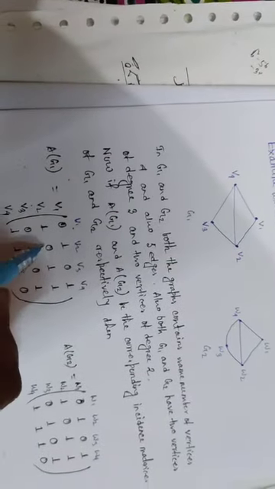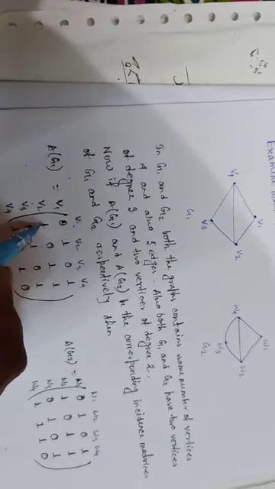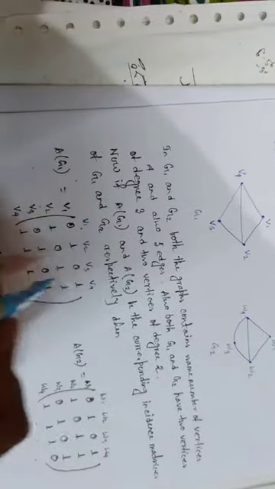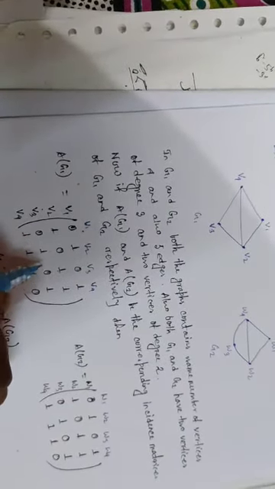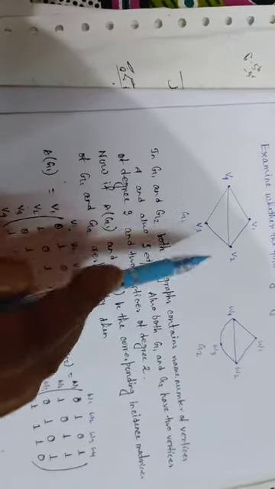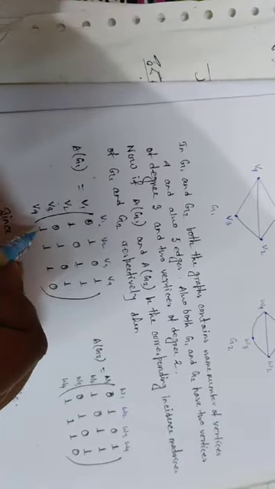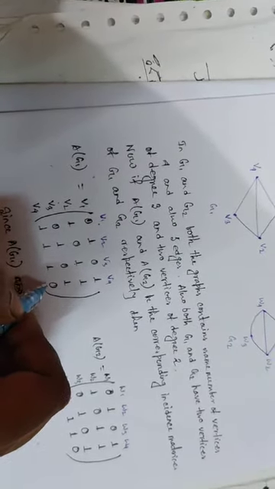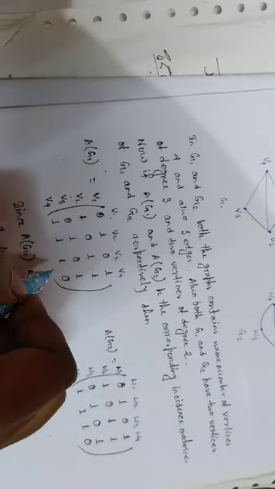So V2 to V2 is 0, V2 to V1 is 1, V2 to V3 is 1, and V2 to V4 is 1. Now V3 is connected with V2 and V4, with no connection to V1. So this will be 0, this will be 1, this is 0, and this is 1. And V4 is connected with V1, V2 and V3, so we put V4 to V1 1, V4 to V2 1, and V4 to V3 1. The diagonal elements of the adjacency matrix are always 0 for a simple graph.